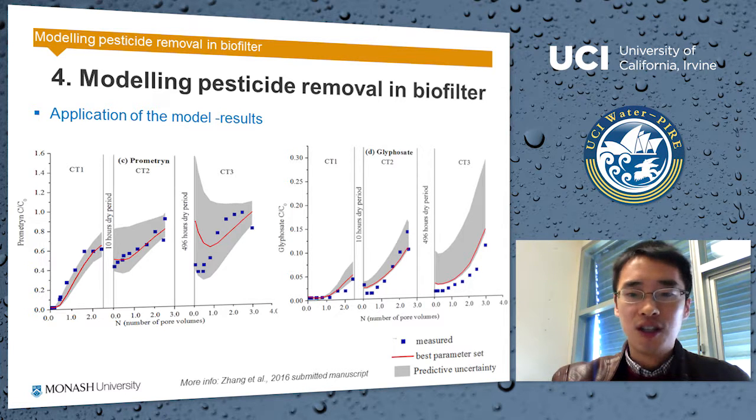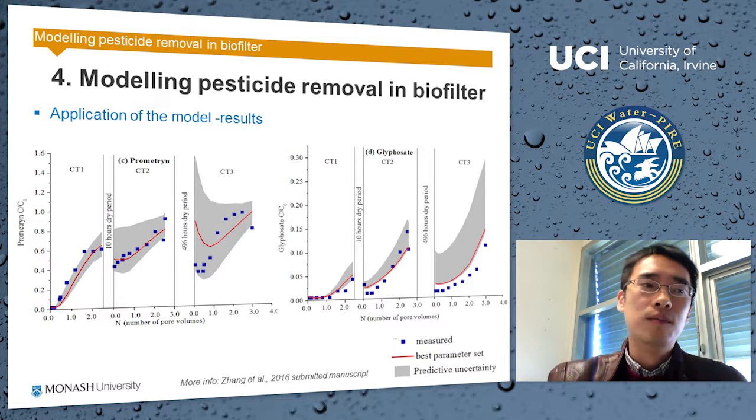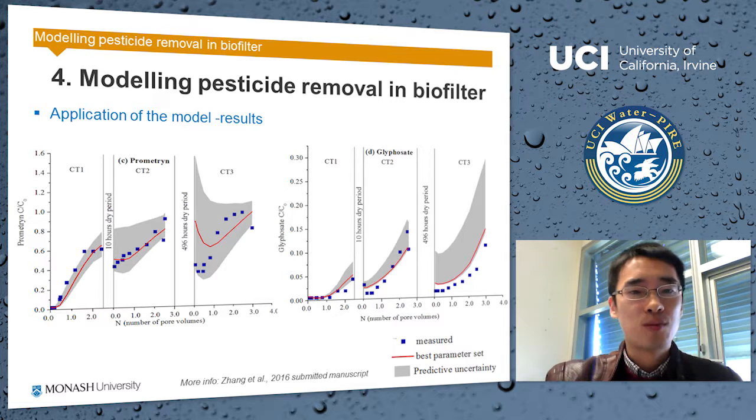However, you can see the predictive uncertainties grew over the three tests, especially at the beginning of challenge test 3, which was conducted after a very long dry period. This long dry period introduces complex processes like evapotranspiration and biodegradation that were not very well captured during the laboratory experiment.